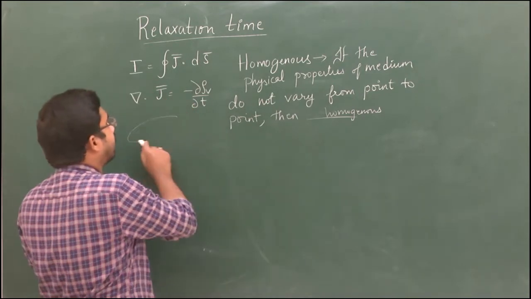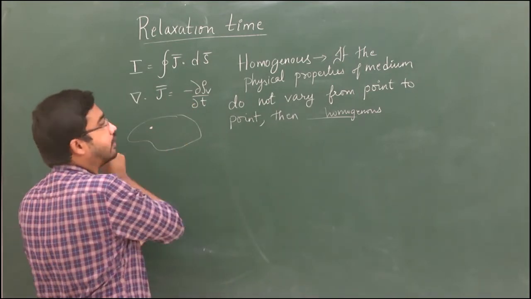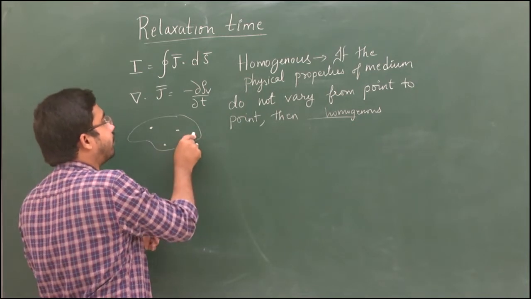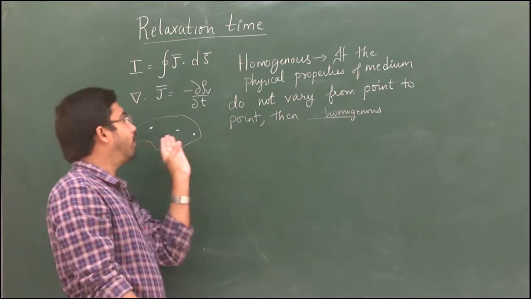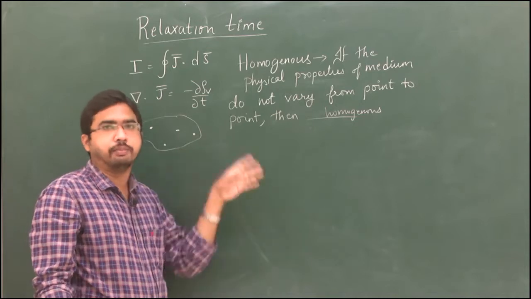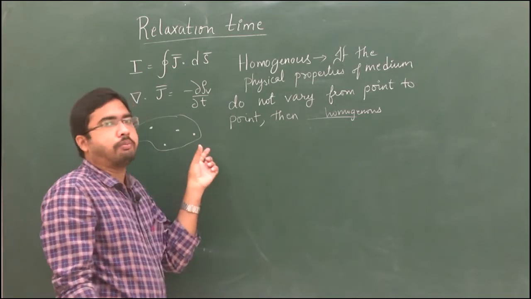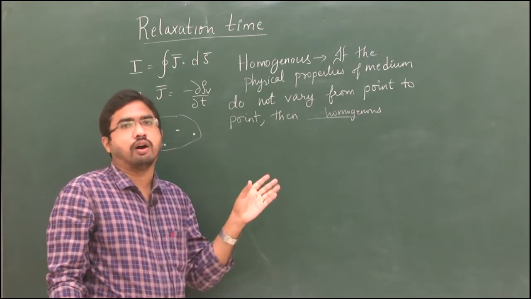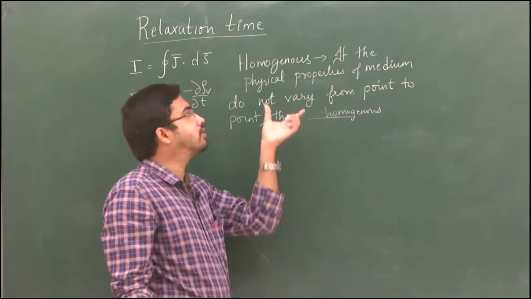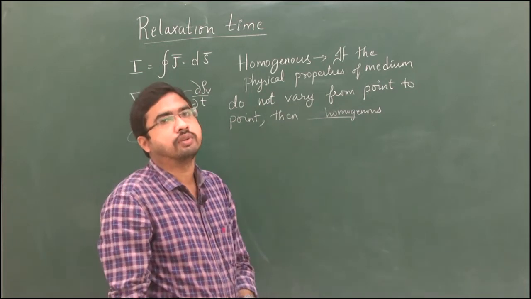Suppose you are taking one conductor. If you consider this point or this point or anywhere, at every point in that medium the physical properties will be the same, constant everywhere. Such a system is called a homogeneous system.